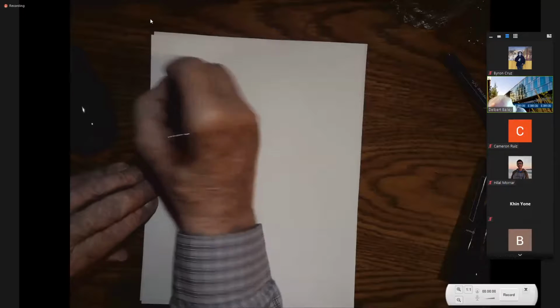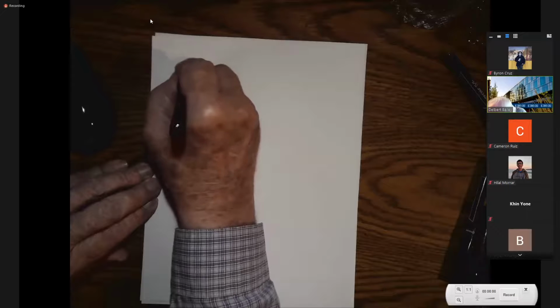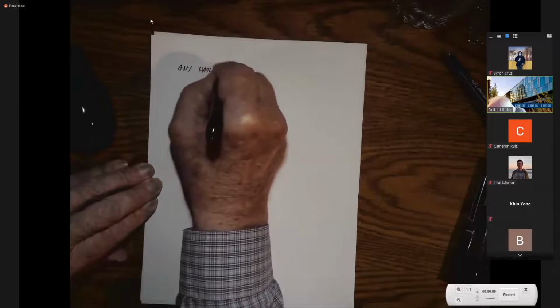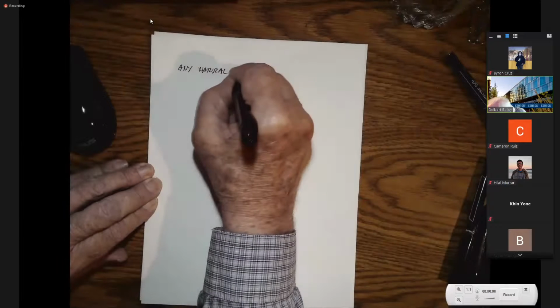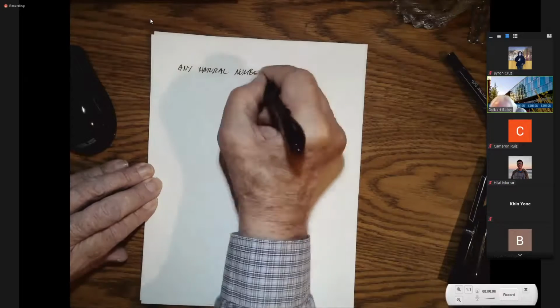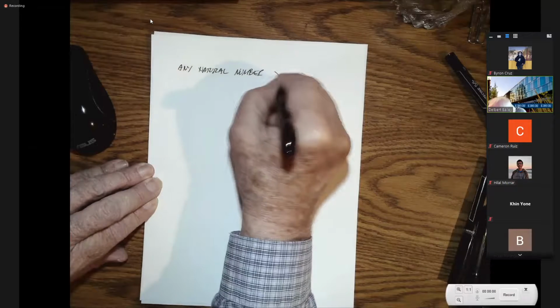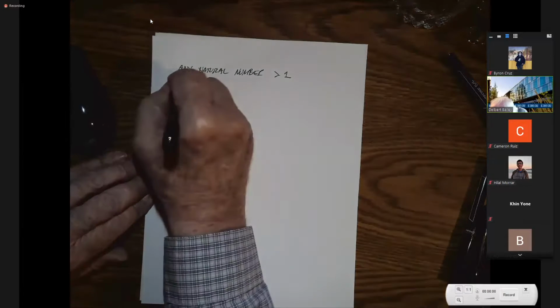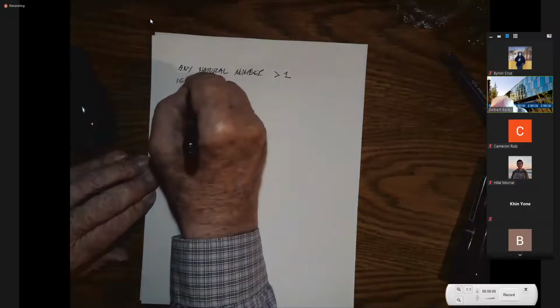Okay, what I want to prove is that any natural number, let's say greater than 1, is divisible by a prime.